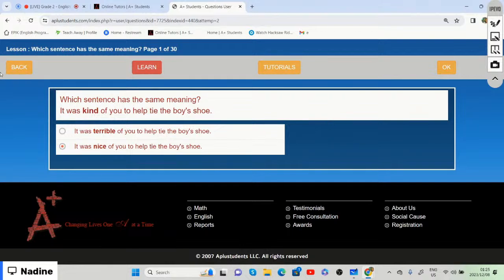So it was terrible of you to help tie the boy's shoes, or it was nice of you to help tie the boy's shoes. So we said it was nice of you to help tie the boy's shoes. So nice is our synonym.